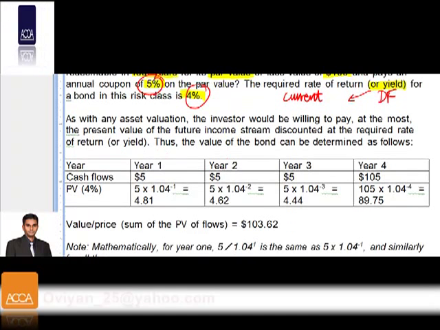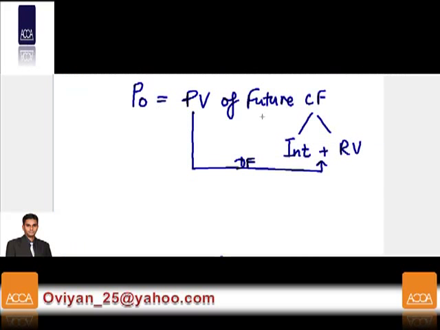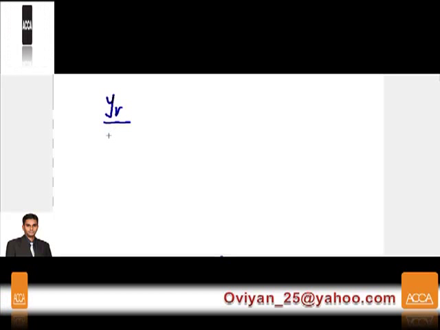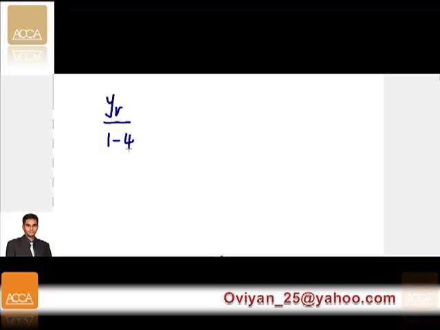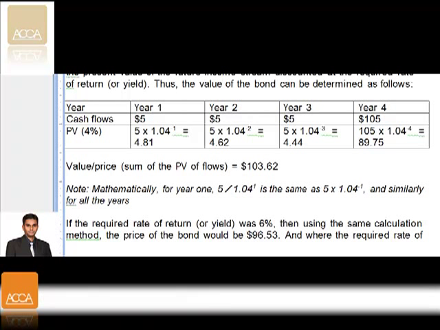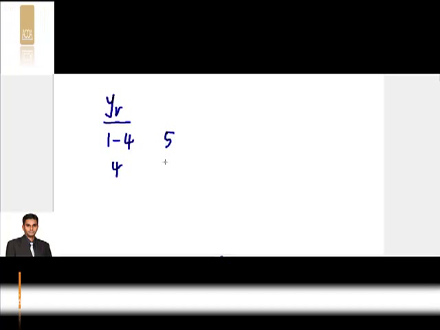Now, for any asset valuation, let's see the present value using this simple method, present value of future cash flows. Year 0 is going to be the price, so we don't have cash flow in year 0. Year 1 to year 4, you are going to receive $5, and in year 4, you will receive $100.